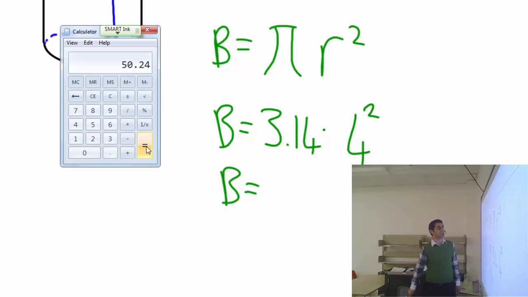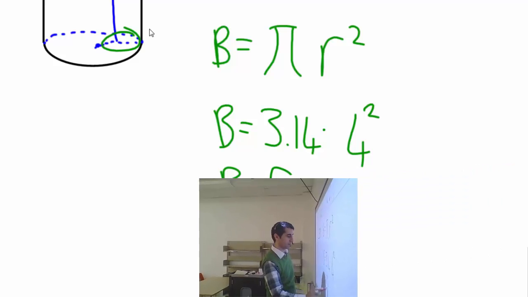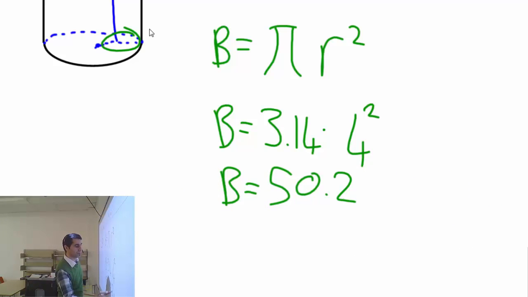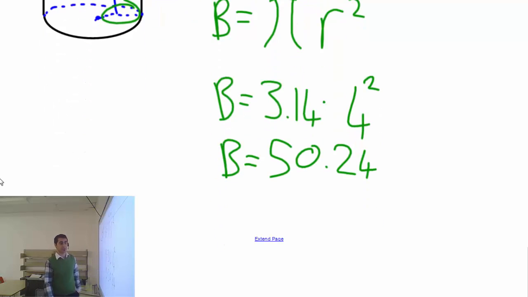So now I see the base area is 50.24. And I need to write down the unit, which in this case is meters. I'm talking about the area, so it's going to be square meters. Okay, I just found the area of the base.